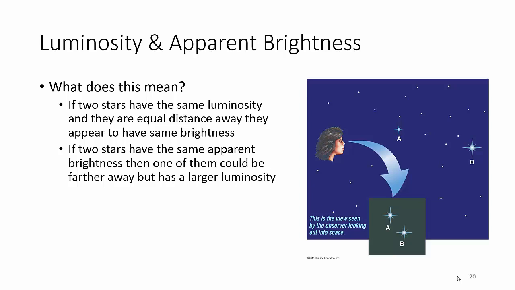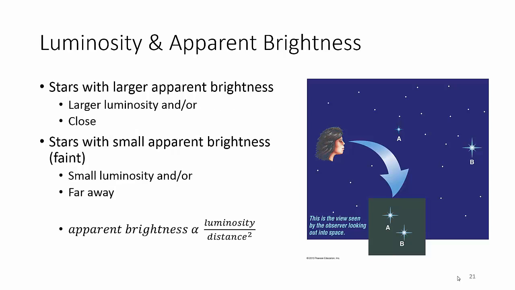However, if two stars have the same apparent brightness, then one of them could be further away or have a larger luminosity. Right? So if they both look the same to you, they could be the same, or one could be further away with a brighter luminosity, or a brighter absolute brightness.